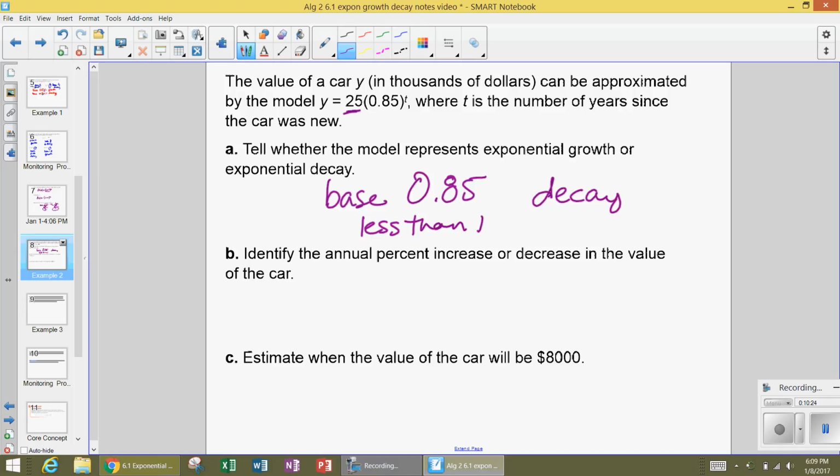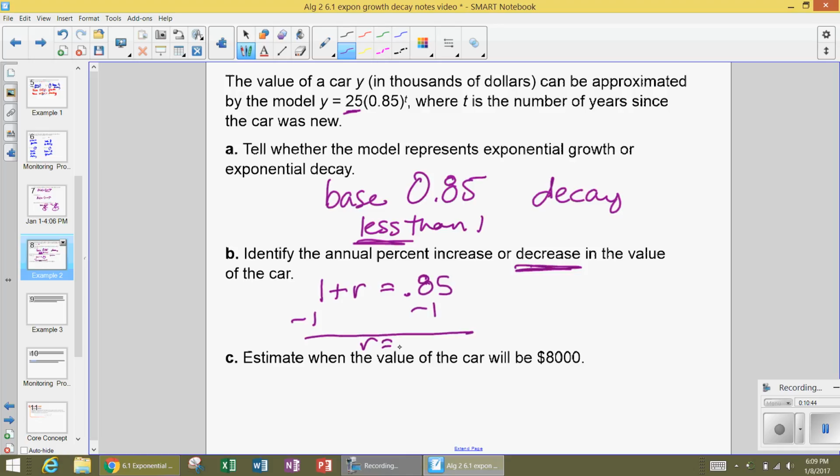And it says identify the annual percent increase or decrease in the value of the car. Well, because it's less than 1, we know that it has to be a decrease. So 1 plus r has to equal 0.85. So if we want to solve for r, we're just going to subtract 1.